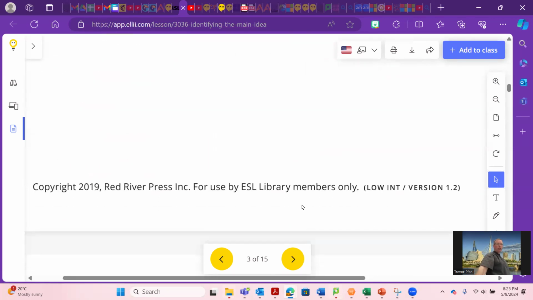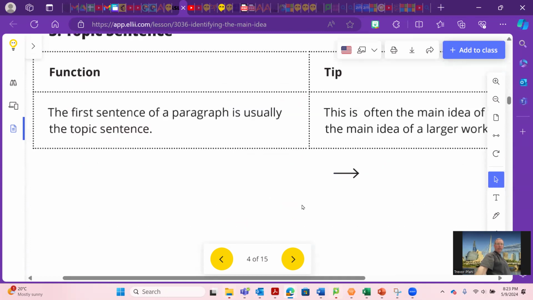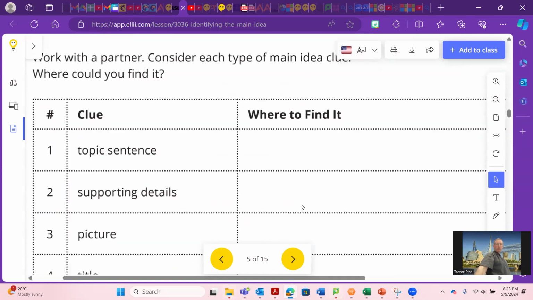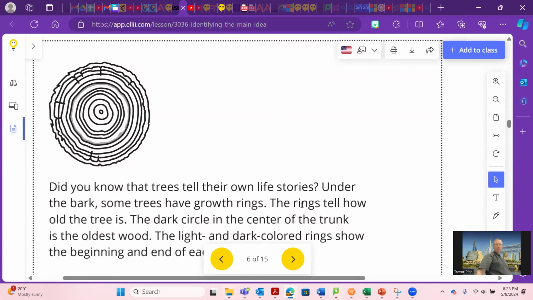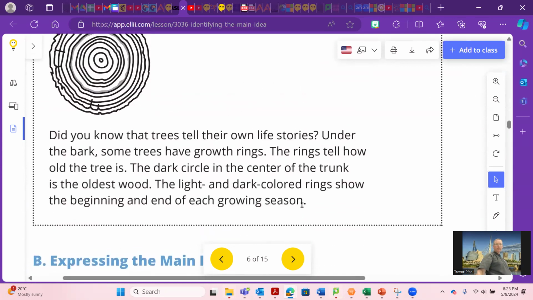So you do not have this paragraph, but let's look at this paragraph about trees. There's a picture there too, but take a minute to look at this paragraph. It's only 4 or 5 sentences.